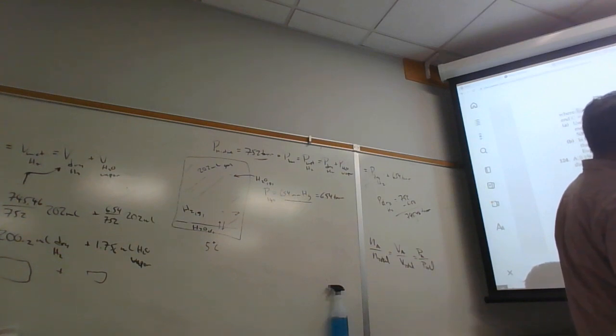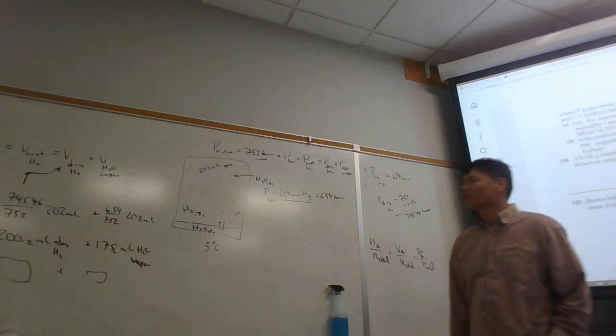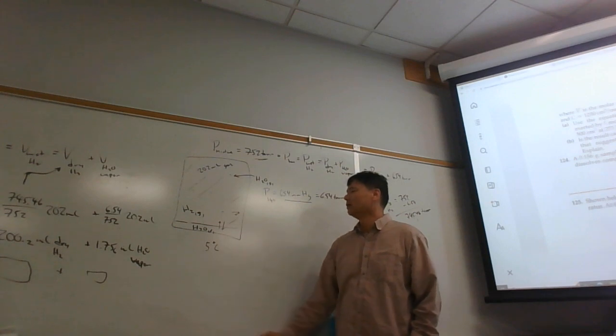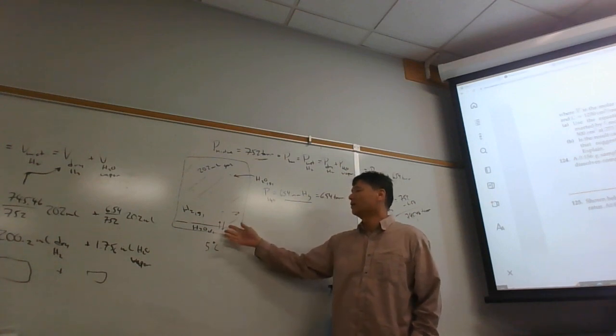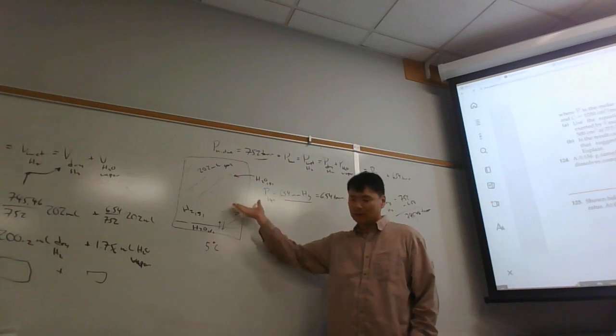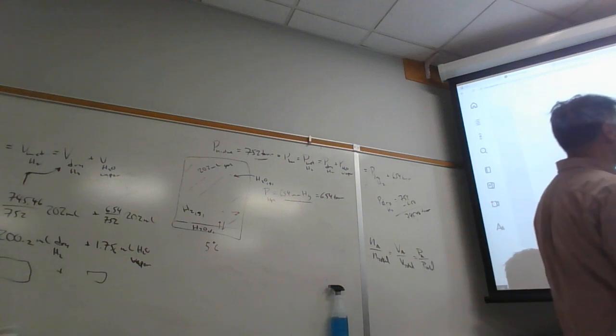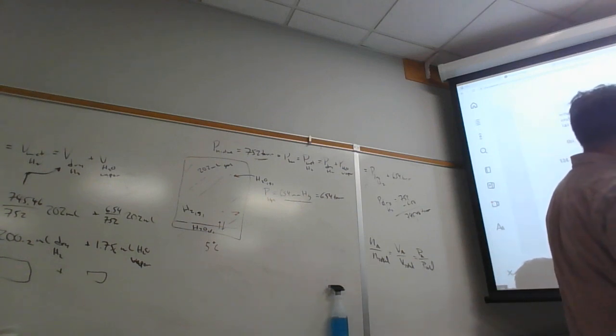Okay, it is clear here, because you see they said the water and the gas. So if the water and the gas warm up here, then as the water gets hotter, it's going to make the air more humid, or the gas more humid. It's not air, but the gas more humid. It's going to change the pressure fraction, and it's going to change the volume fraction of water vapor in there.